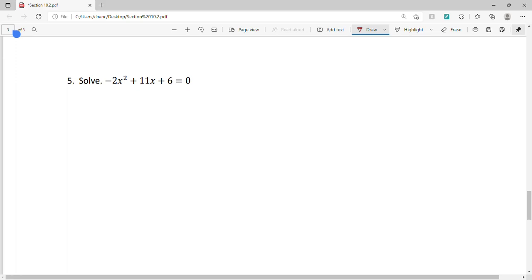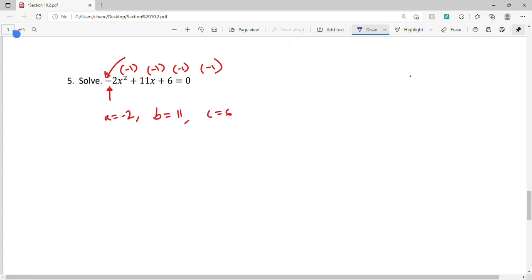In the last example, we could use a equals -2, b equals 11, and c equals 6 and finish the problem. Or we could try to simplify before we do that. I can get rid of this negative in front by multiplying each term by a -1. So let's do that. Let's see what happens when we multiply everything by a -1.